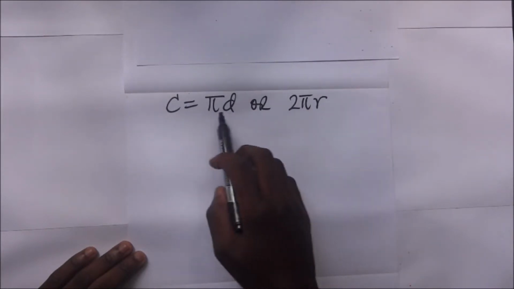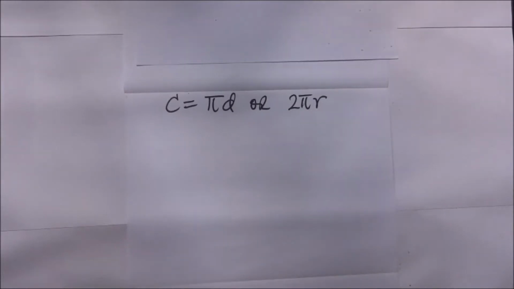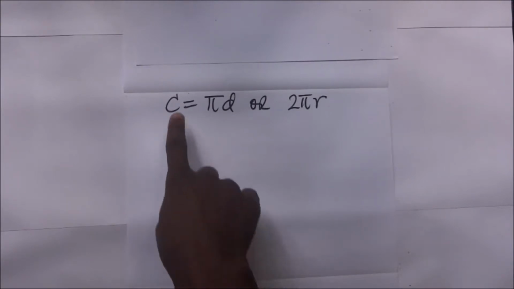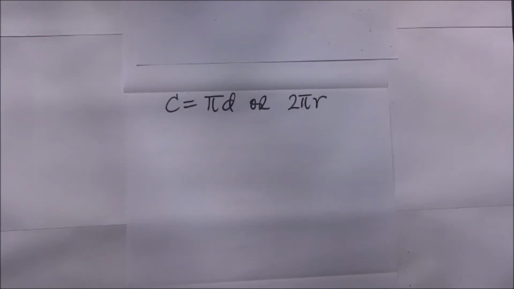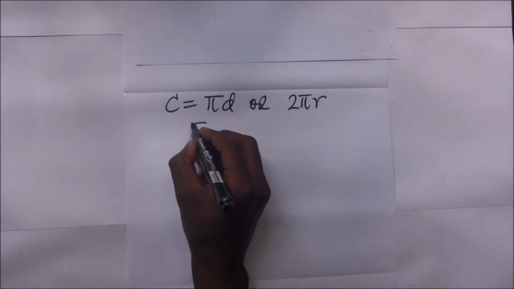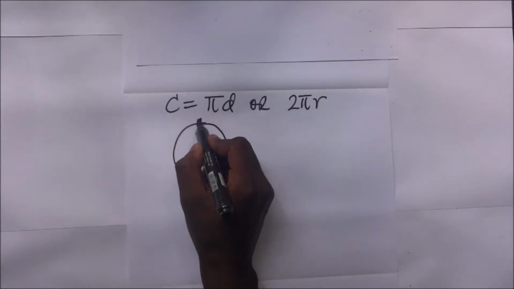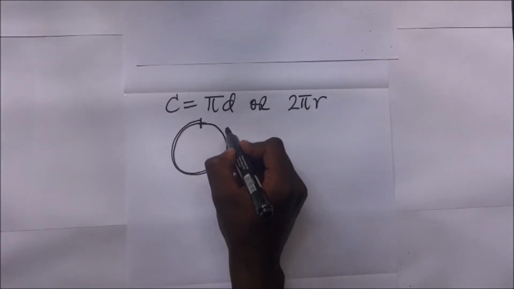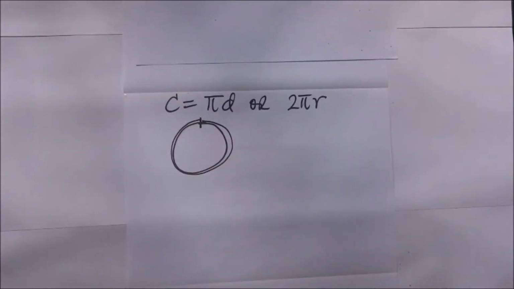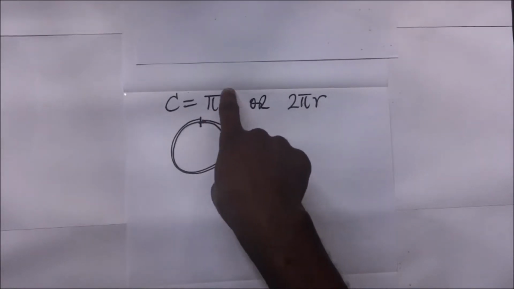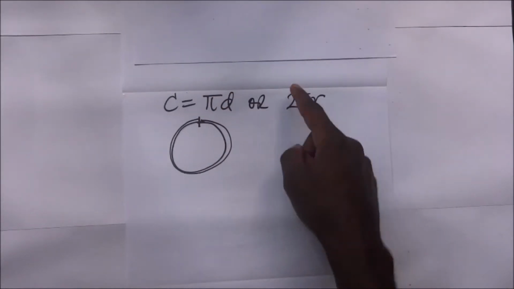Pi is simply a constant, which is equivalent to 3.14 or 22/7. Now when we are trying to find the circumference of a circle, this pi d represents the entire circumference, the arc. When I move from here, I go around the circle up to that point. That is the distance represented by this formula pi d, or 2 pi r.